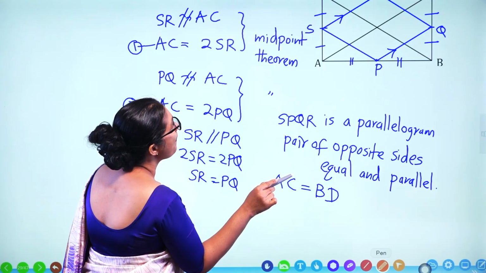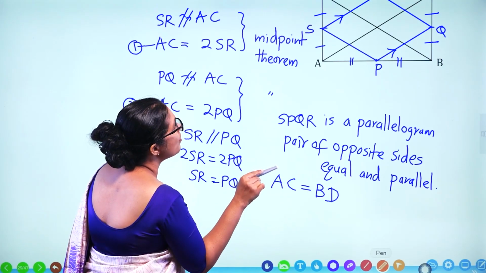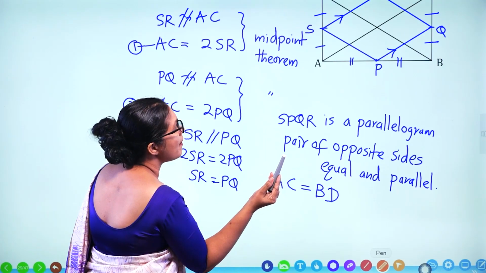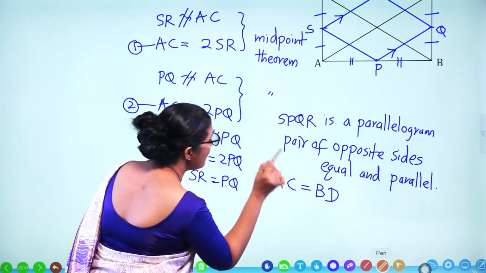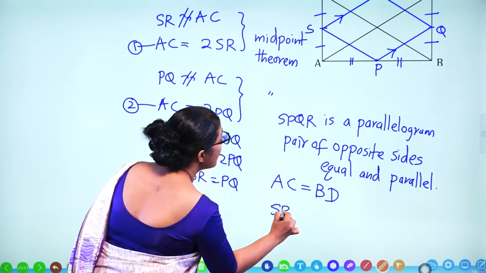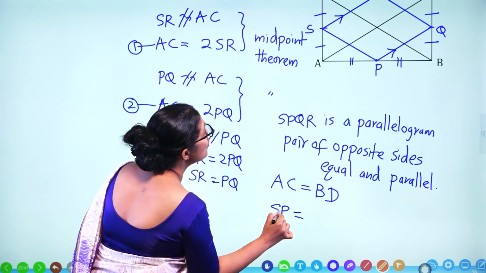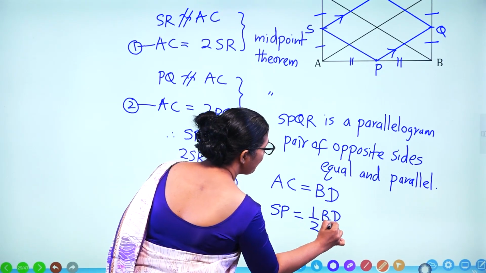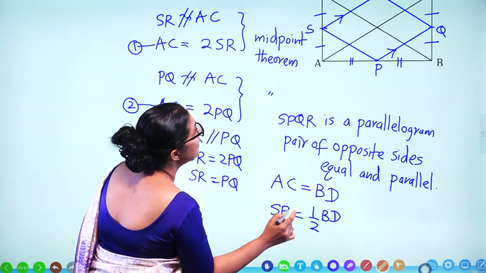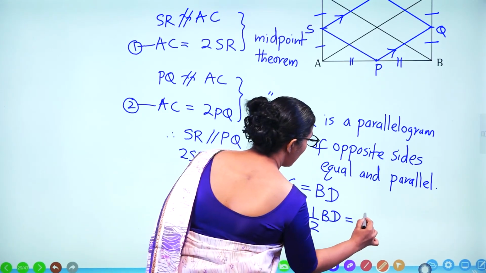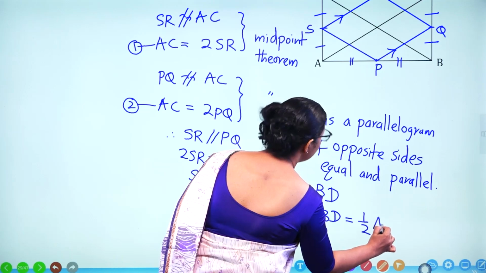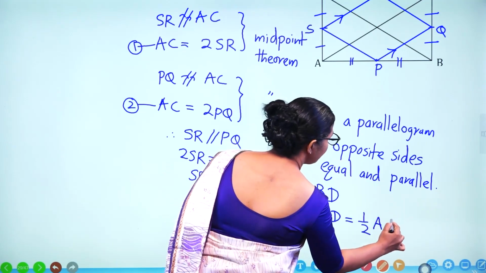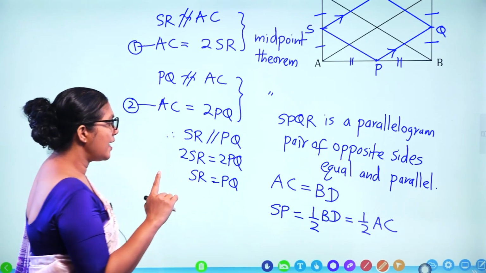BD is parallel to SP, as well as we can write SP is equal to half of BD, which is half of AC, because AC and BD are equal.